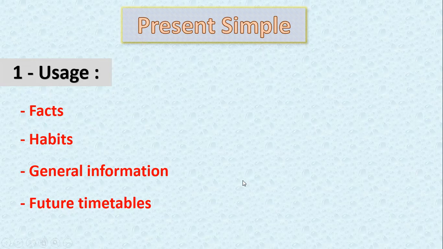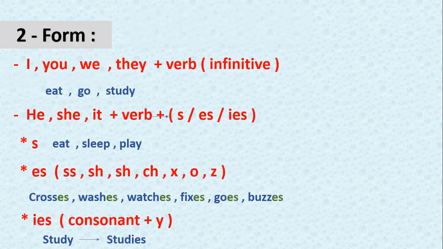All right, okay, now let's move. How can we form a sentence in this tense? We have the personal pronoun I, and we have the plural pronouns you, we, and they. We use the verb with them in the infinitive form.